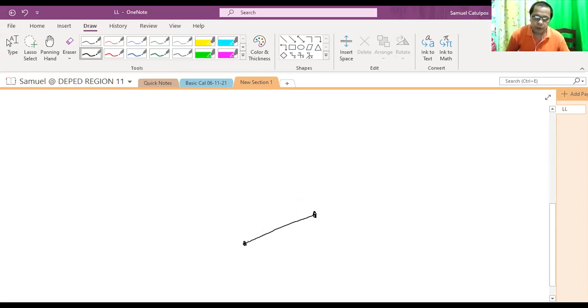Naay duha ka point at least. So assuming nga naay point diri, let's say pareha ganina, let's say P and this is x1, y1. Okay? Tapos diri naay Q. Tapos this is x and y.